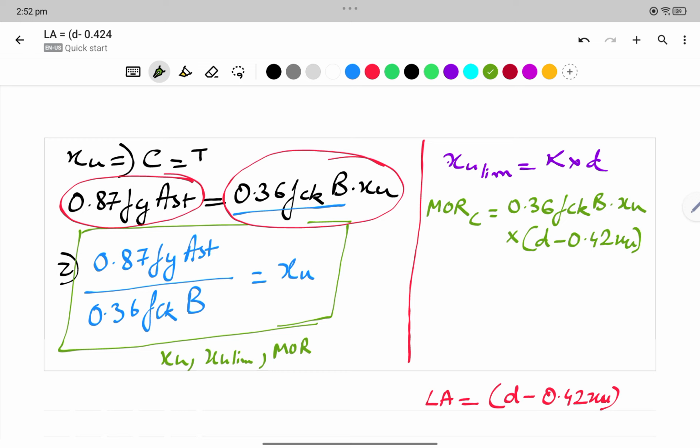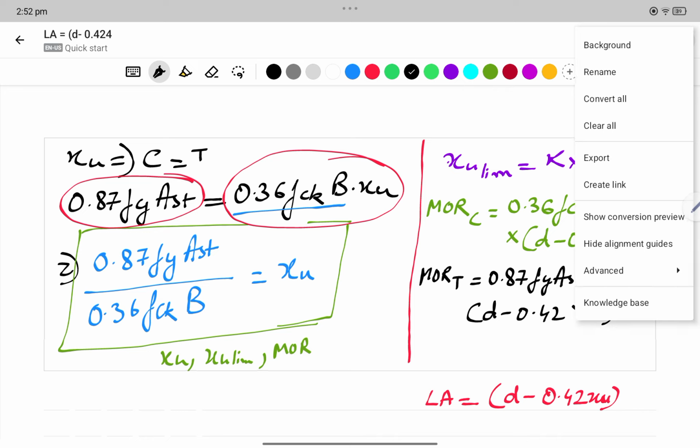And if we take out the moment of resistance from the tension side, it will be 0.87 Fy into AST, multiplied with the lever arm D minus 0.42 into XU.